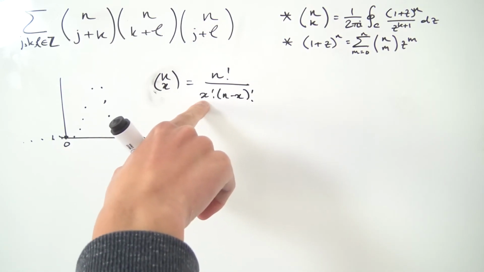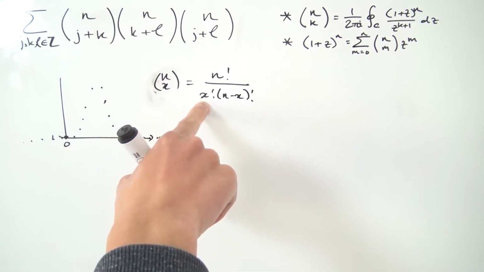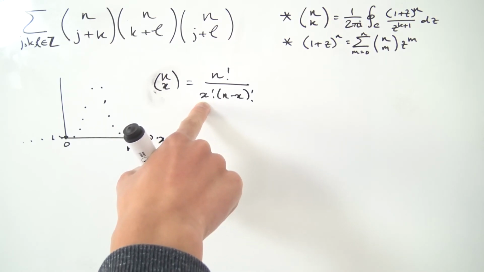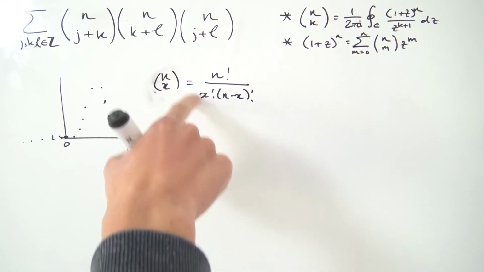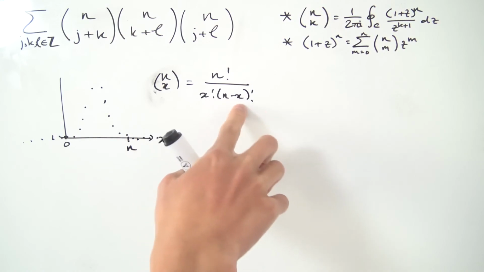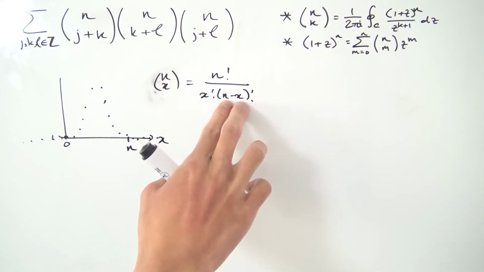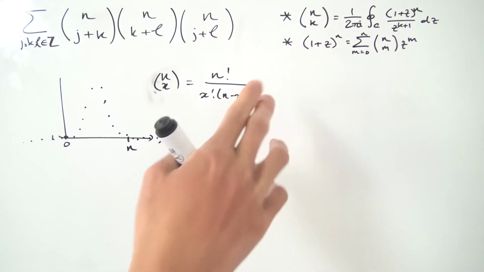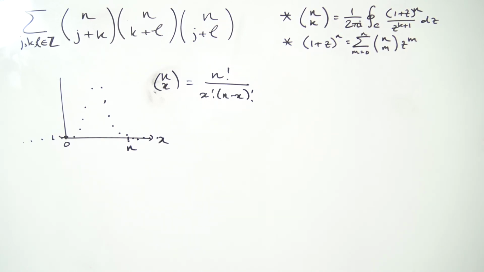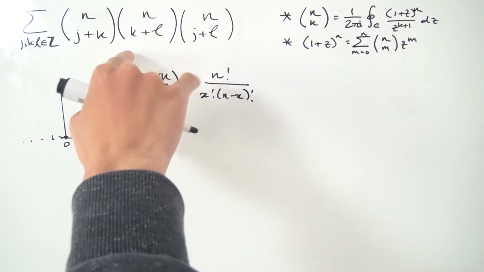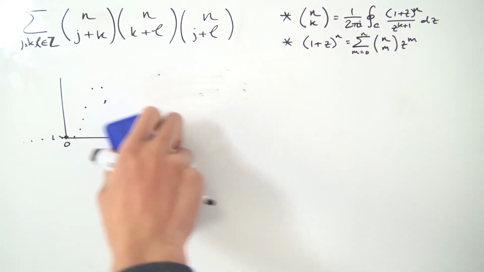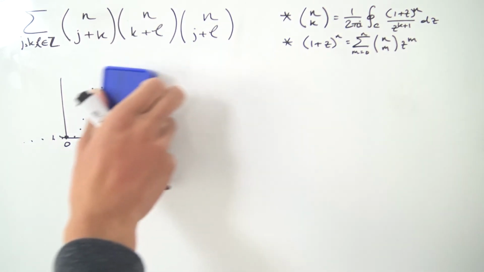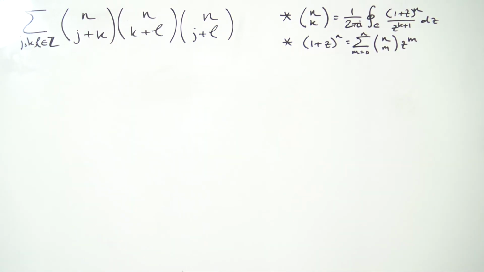If x is negative and it's an integer, then the gamma function blows up, and dividing by infinity gives 0. And if x is greater than n, the inside of this factorial also becomes negative, and the gamma function diverges there too, so it becomes 0. So that's why this sum actually converges: we're only summing over finitely many non-zero terms.